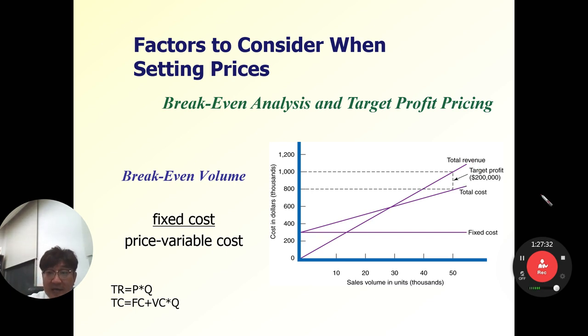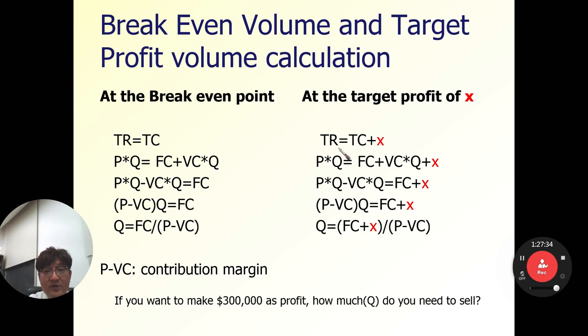So with that information, if we add a certain amount, the target profit, to the cost, it is the same as total revenue. You set up the equation this way.